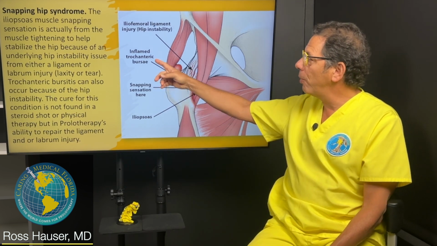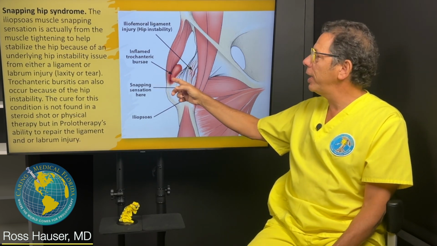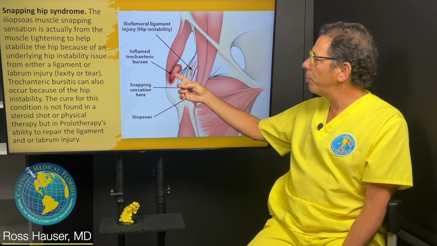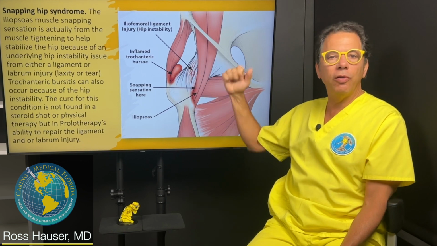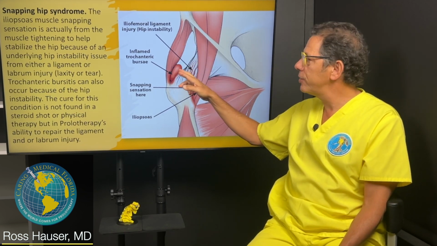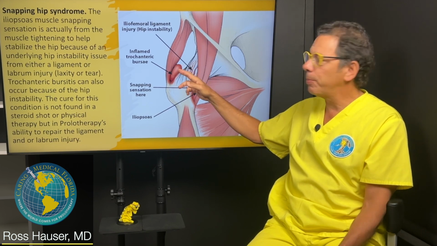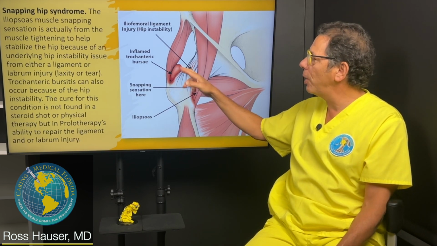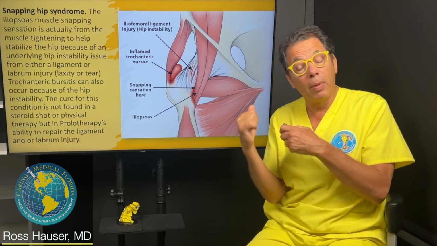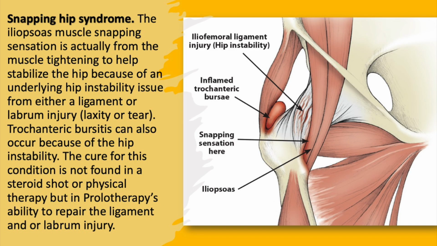So some people that go to an orthopedic surgeon, they say the bursa, you have a bursitis. Well, what causes bursitis is the hip joints moving too much, the muscles tighten, it irritates the fluid-filled sac. That's what a bursa is, a fluid-filled sac between the bone and a tendon or muscle, so there's less friction, right?